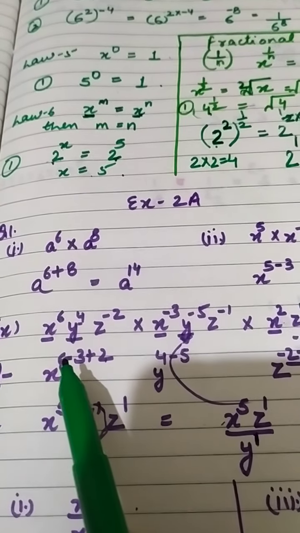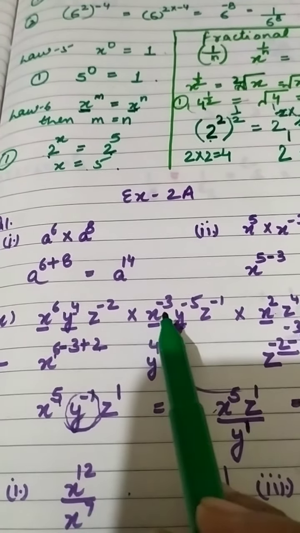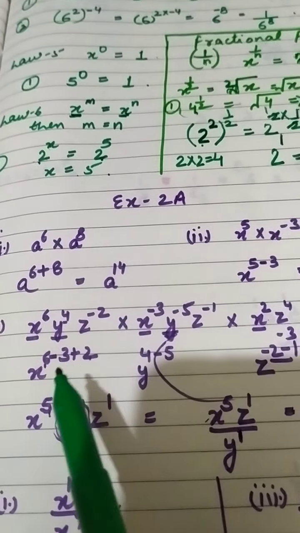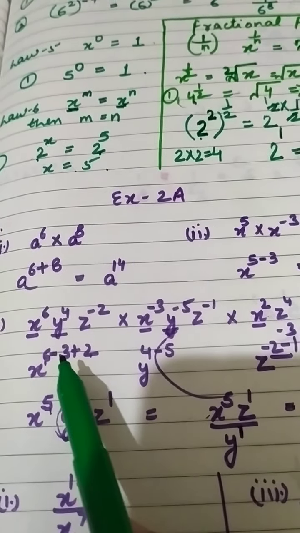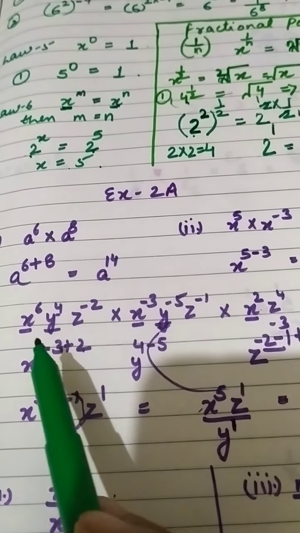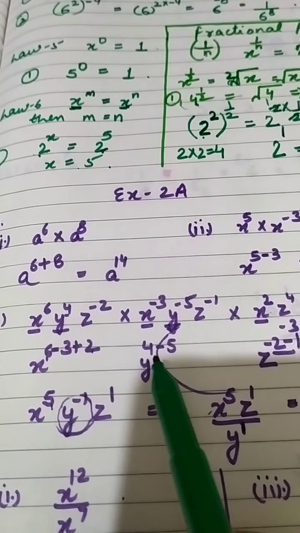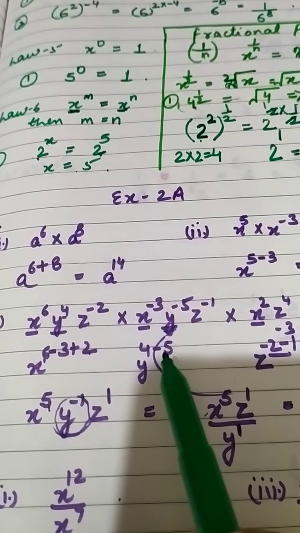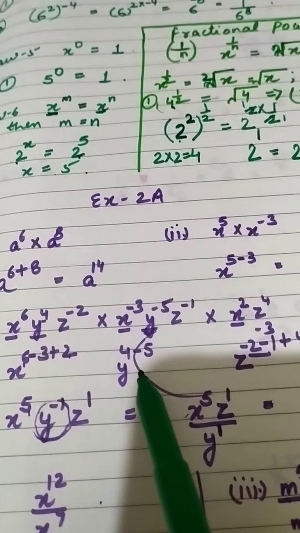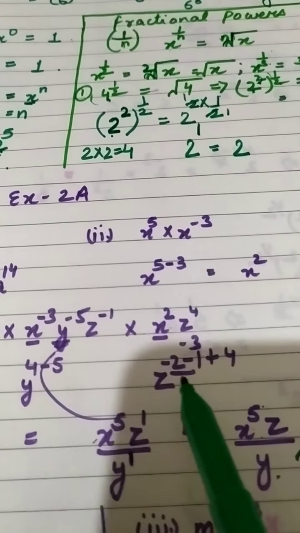Then x raised to the power 6, and in this x what is the power of x? Minus 3. So we will minus 3, then plus 2. Okay, in this y raised to the power 4, in this we have minus 5, in this we have no y, so no need to write anything here.